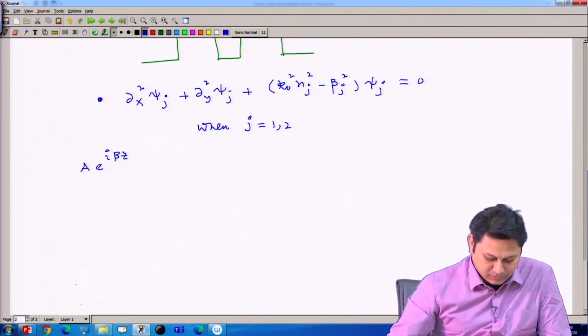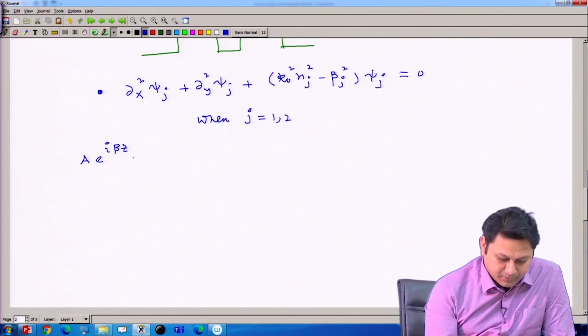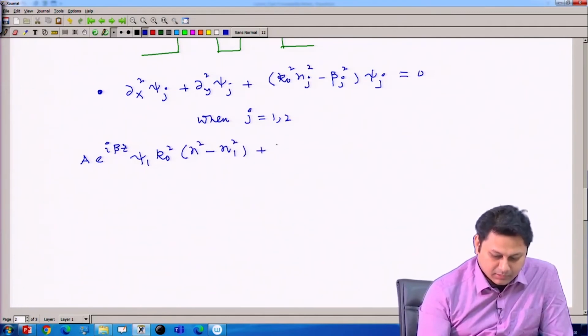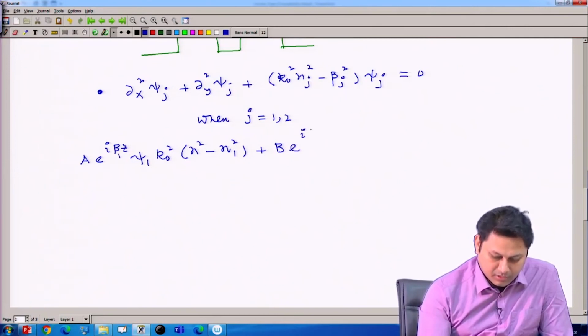Beta z, then psi 1 k 0 square, n square is already there. So, I incorporate another n1 square here, plus beta 1 e to the power of I beta 2 z, and then psi 2 k 0 square n square minus n2 square.